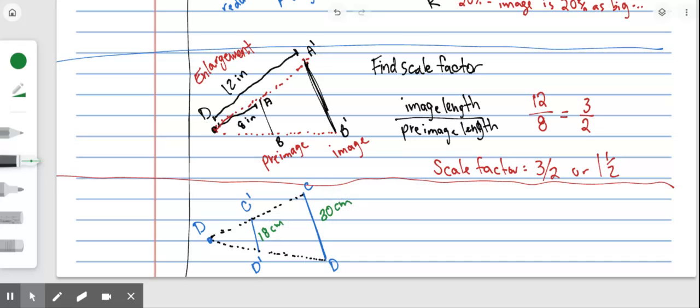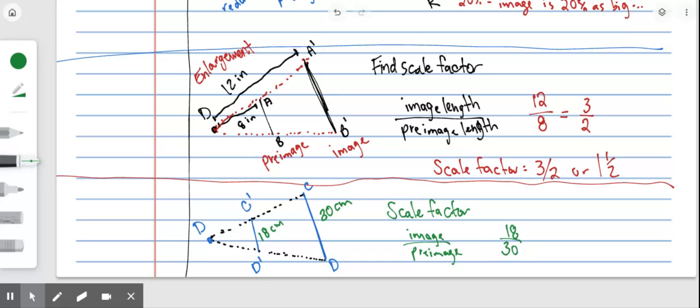Now again, if we're trying to find the scale factor, we want to do image length, image divided by the pre-image. So we have to remember that the image is the one that's got the primes on it, so I'm going to put 18 on top. And the pre-image is the one that doesn't, so 18 over 30.